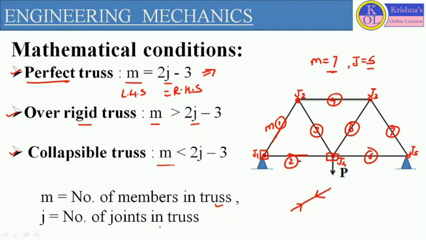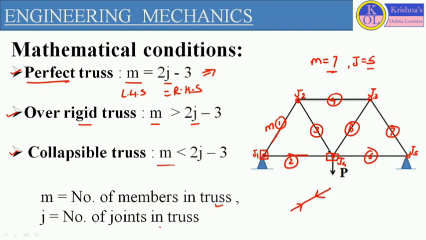We will not consider external load over the member. That external load is applied at different joints. This you have to remember, and external loading generally causes deformation. To avoid deformation we use a frame.